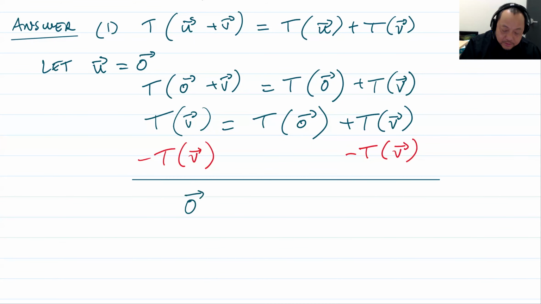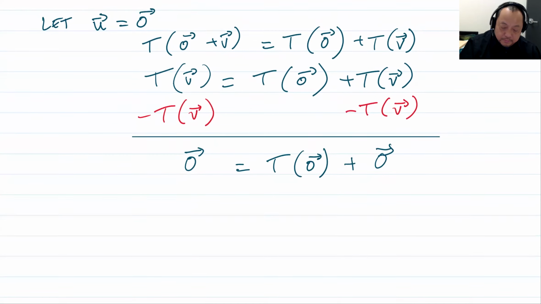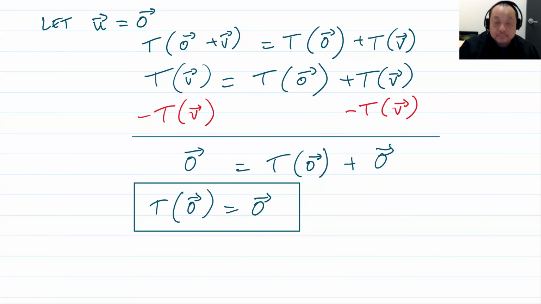This becomes 0. This also becomes 0. And therefore, T of 0 is equal to 0. There's the answer.